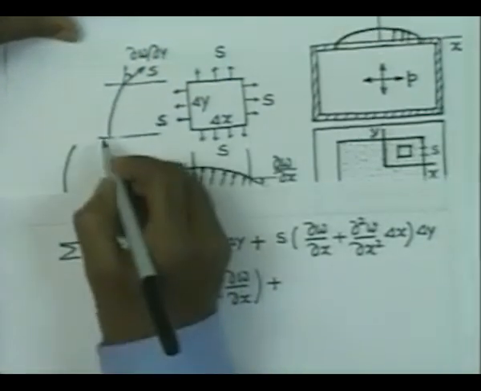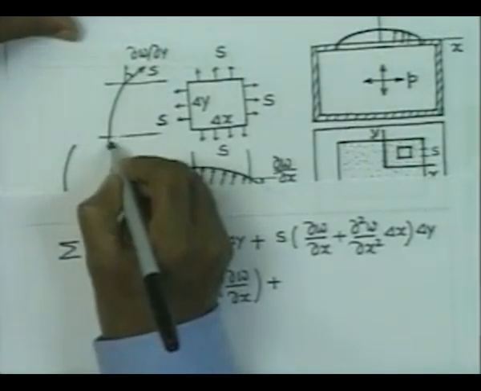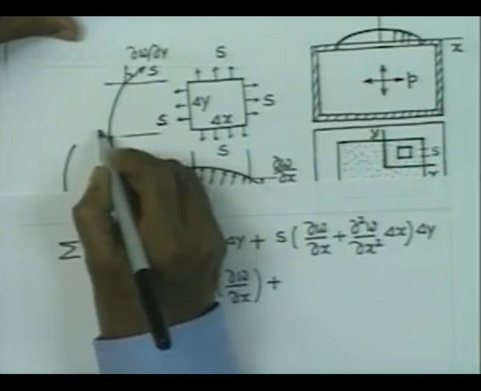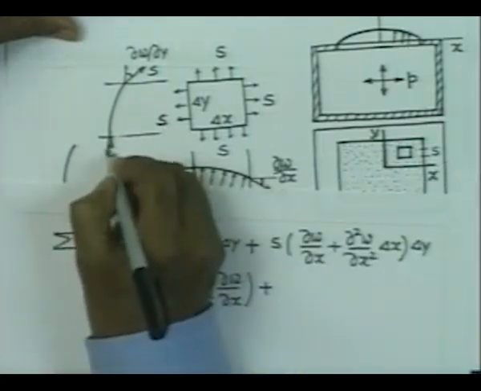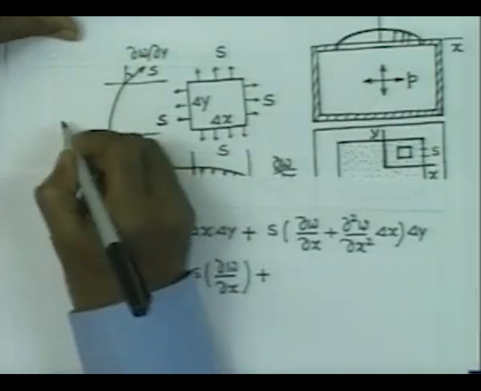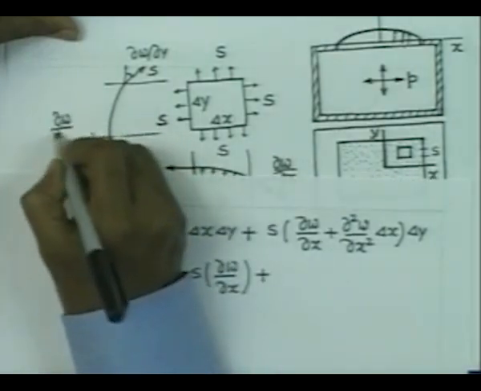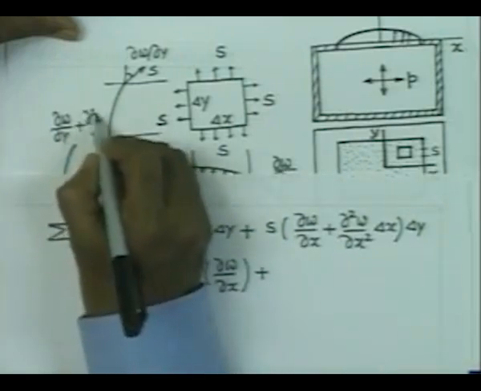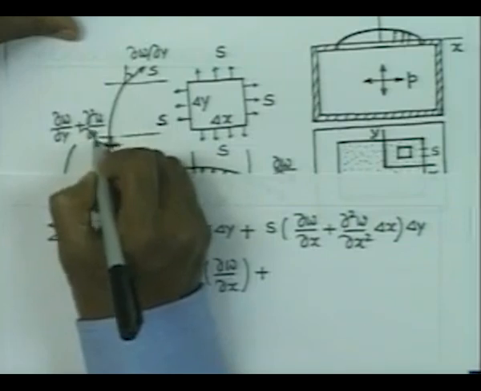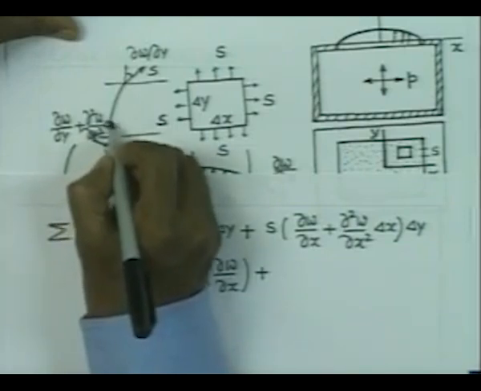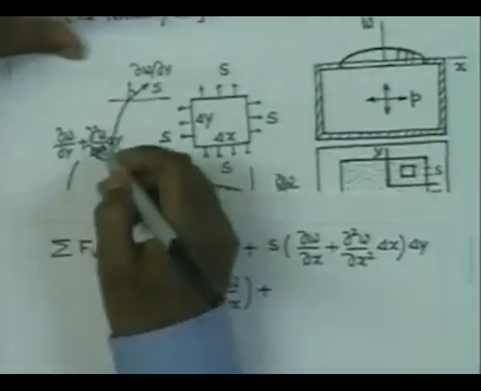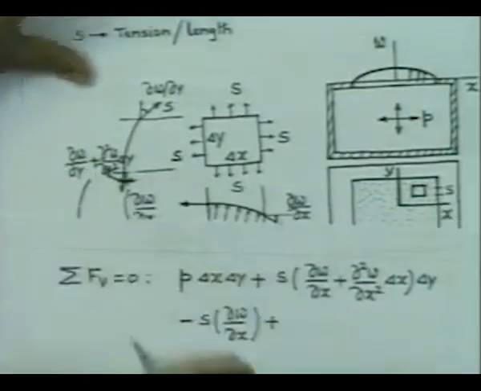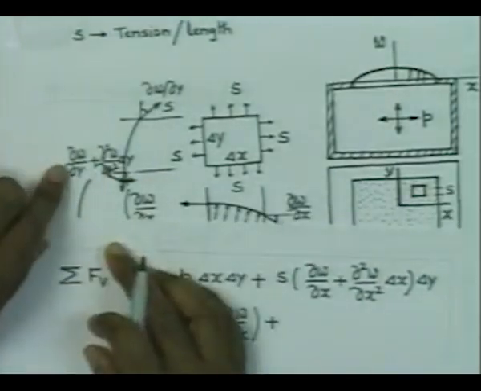Delta W delta y, and the angle here, this angle is going to be delta W delta y plus delta 2 W delta y square into delta y. I am sorry that this has become a little complicated.